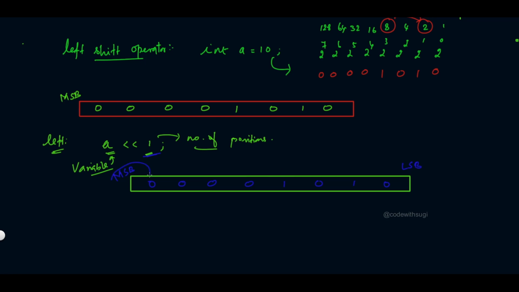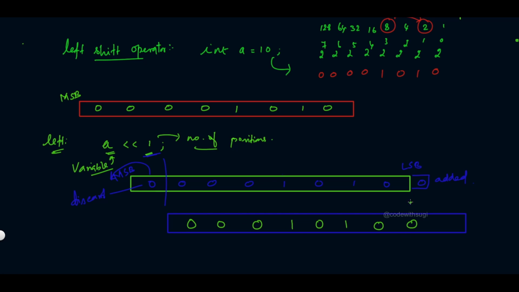That means it will go this side, and then this will get discarded, right? Whenever we are moving the shift, the most significant bit will get discarded, then one new bit with 0 will get added here. So if it is discarded here, then this is our new value. So I'm going to write the new value here. The new value will be 0, 0, 0, 1, 0, 1, 0, 0, right?